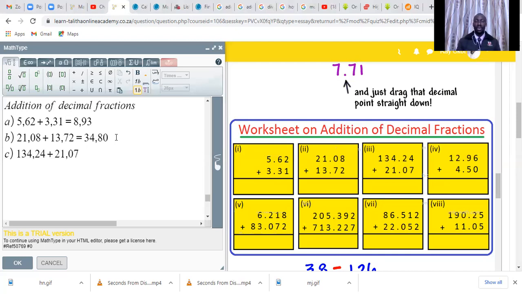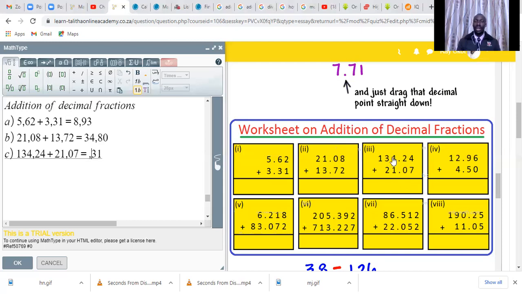Well, since they're already properly arranged, when we add 4 to 7, we get 11. We write 1, we carry the 1 up here. So this one that we have carried up, we add to 2, we get 3. Then 3 plus 0 remains 3. Now the next thing is to drag this decimal point down there.